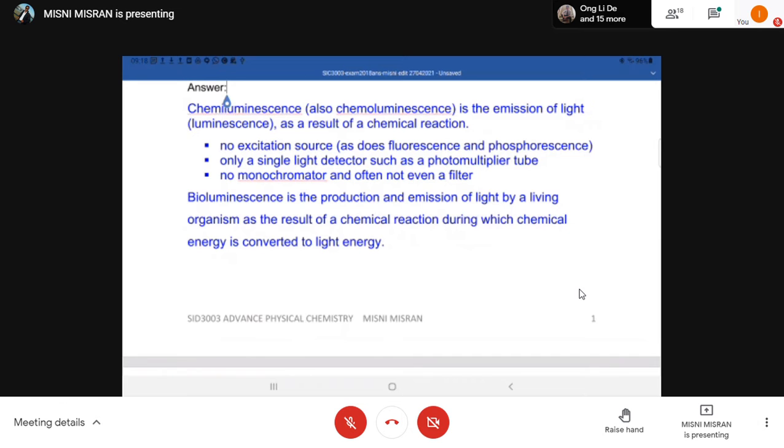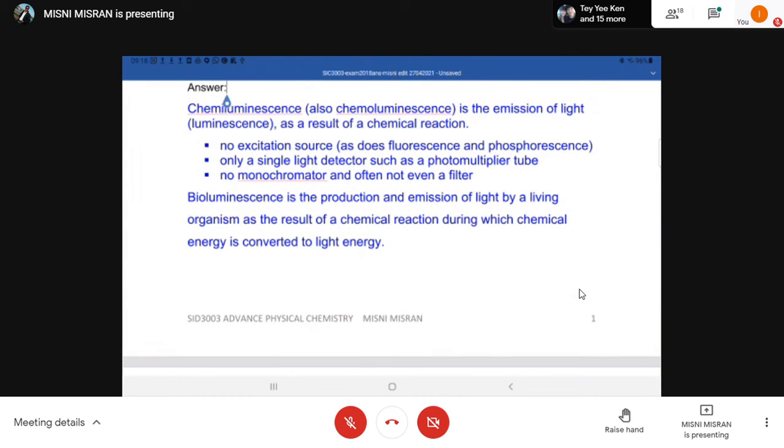For bioluminescence, this is only by living organisms. So both are actually converting into light emission, right?